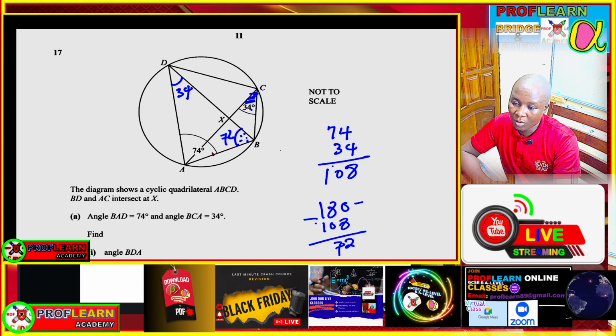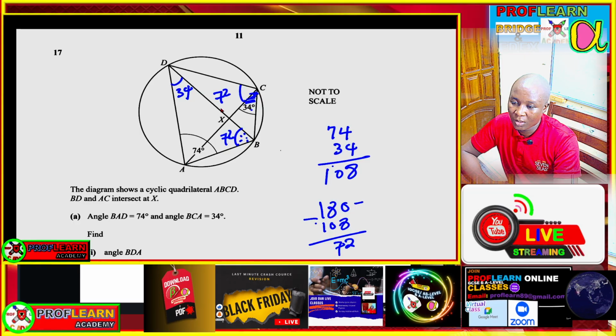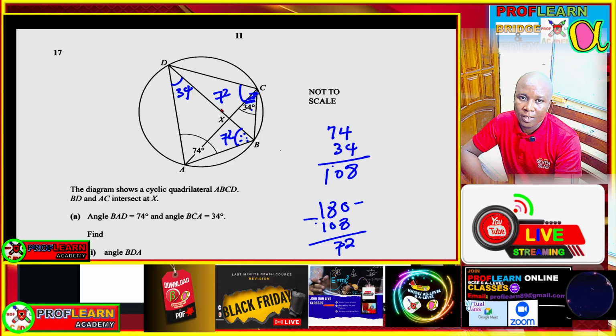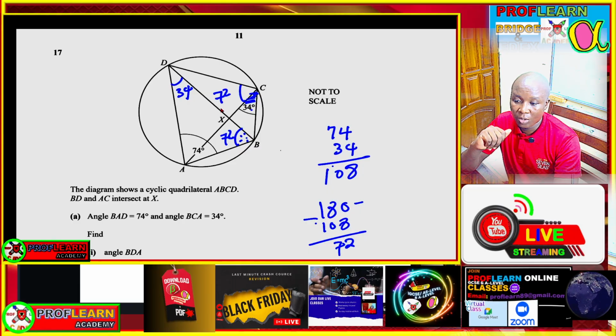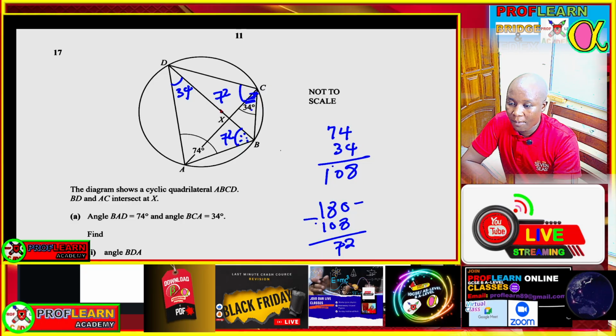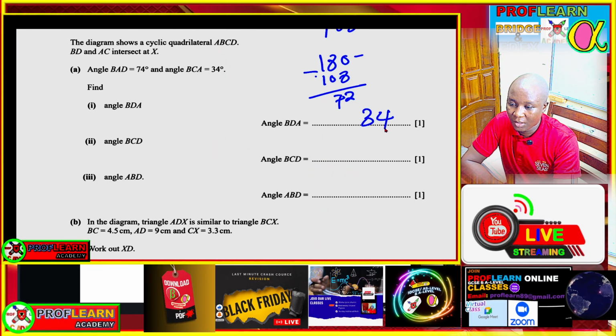And it means also that angle ACD is going to be 72 degrees, because those two angles, 72 degrees, are subtended by chord DA. DA is the one that is subtending these two angles. So if angle B is 72, angle C also is going to be 72. Let's check the angles.